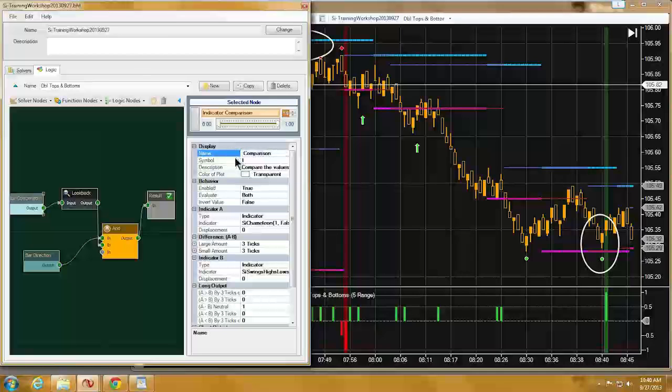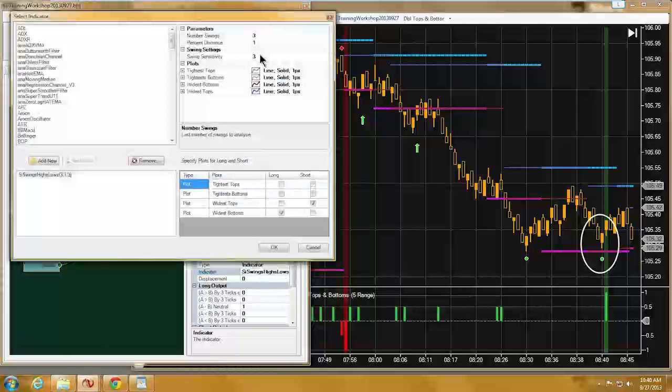So what the solver is doing is comparing the high and low to the swing high-low indicator. I need to go into the indicator settings here and set this to 5 so it matches what's on the chart.